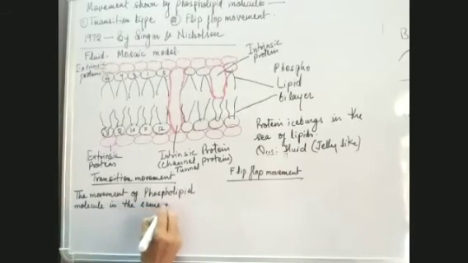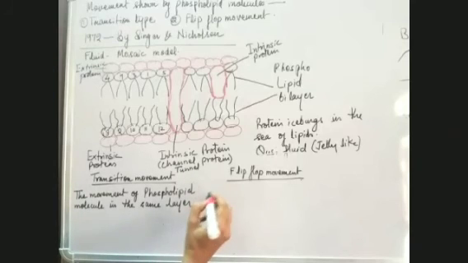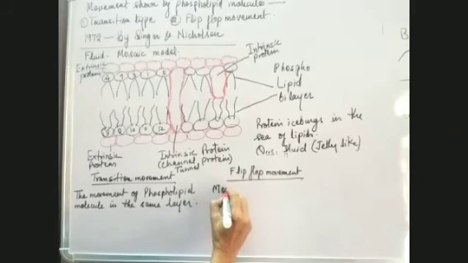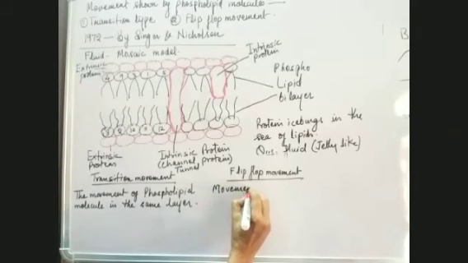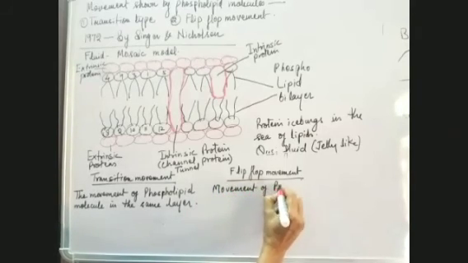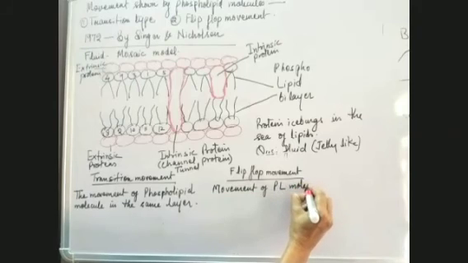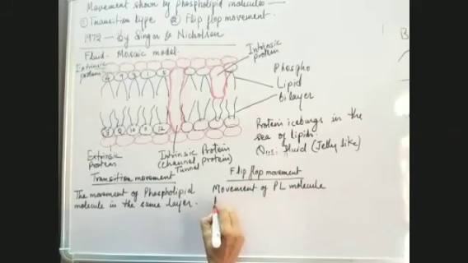And flip-flop movement is the movement of a phospholipid molecule, I'm writing only PL to signify the phospholipid molecule, between the two layers.